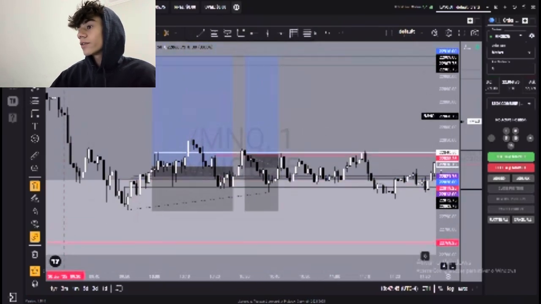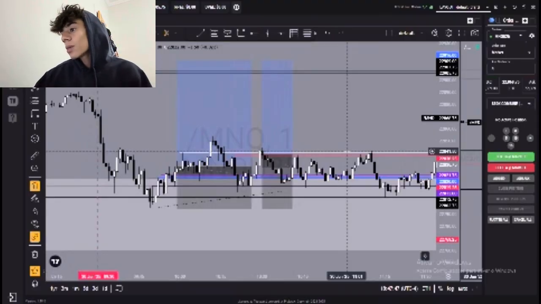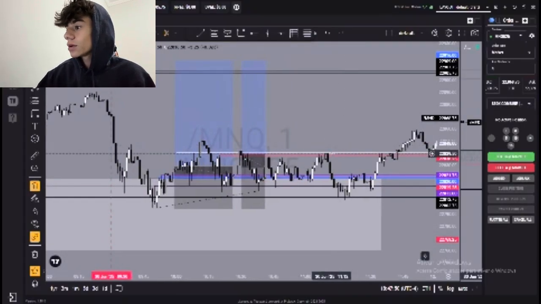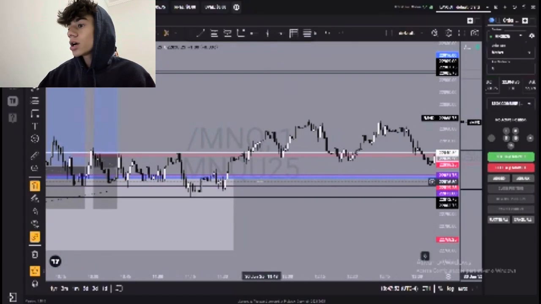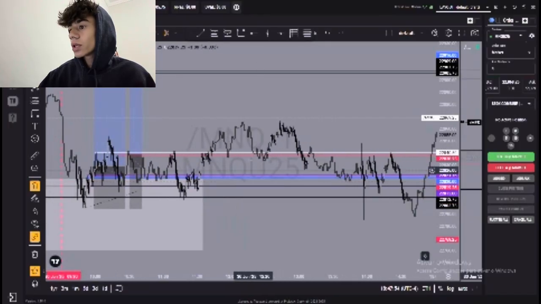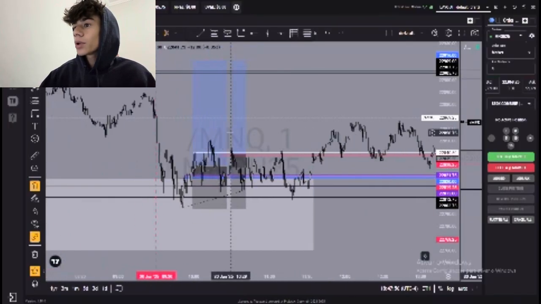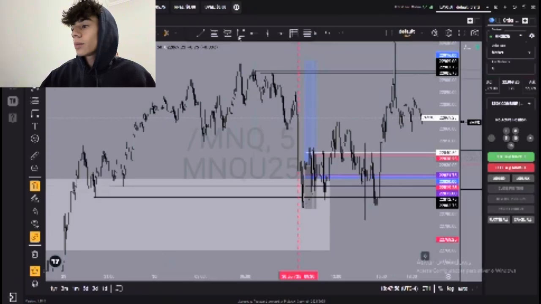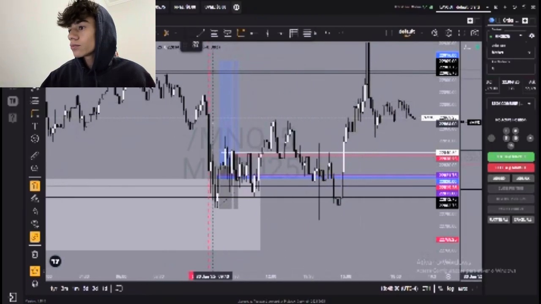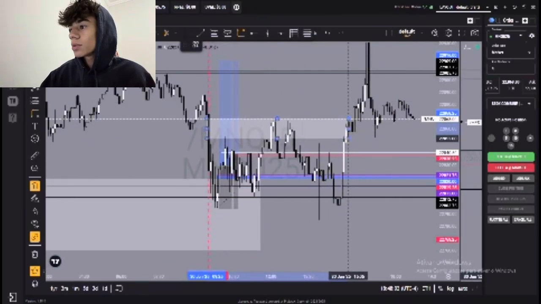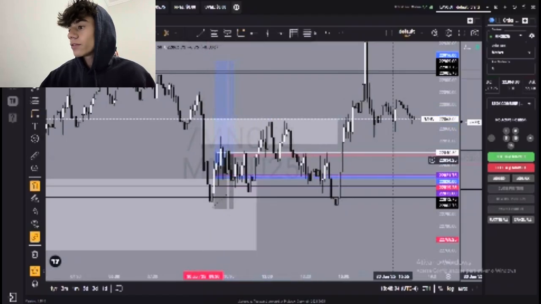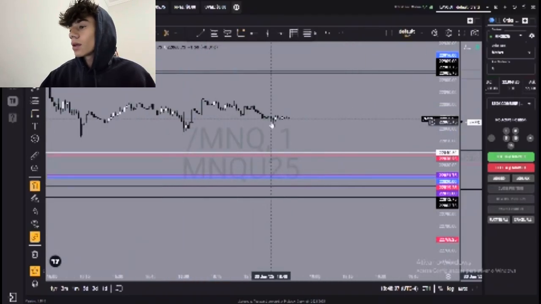I risked around 350, so I'm in for like 500 total. And yeah, we just chopped and chopped and chopped until we broke even. My first partial was above this 5 minute fair value gap.